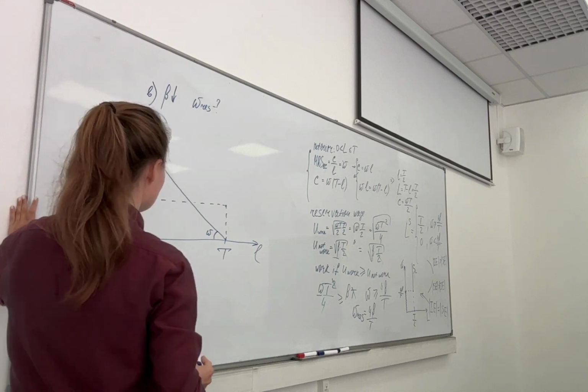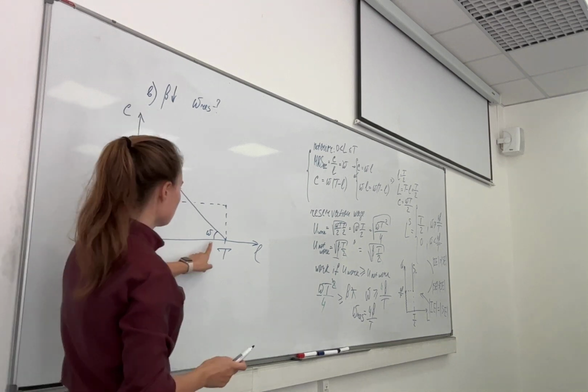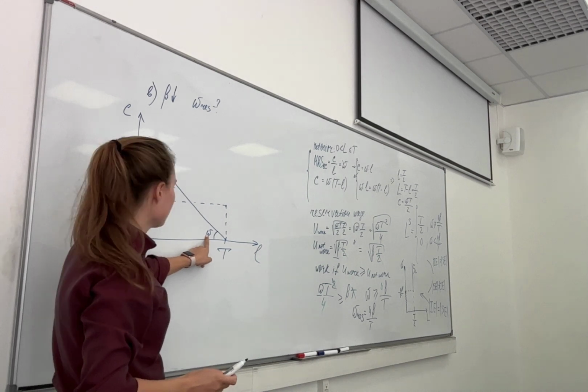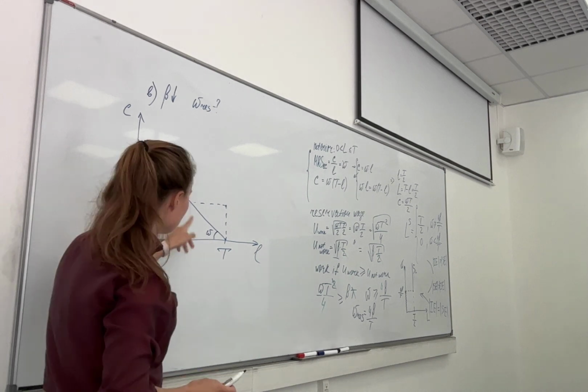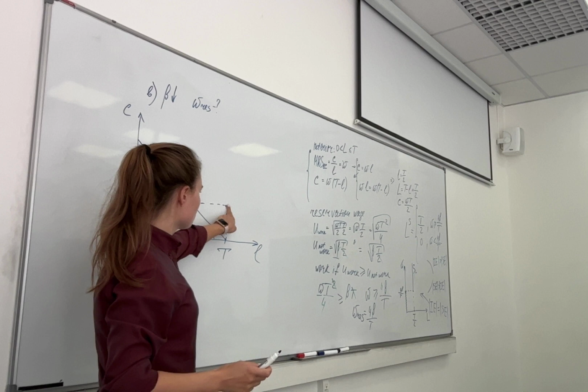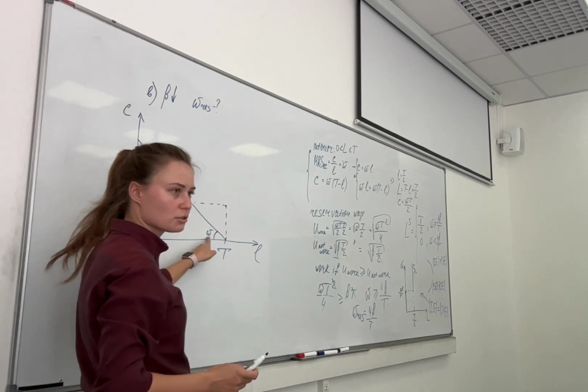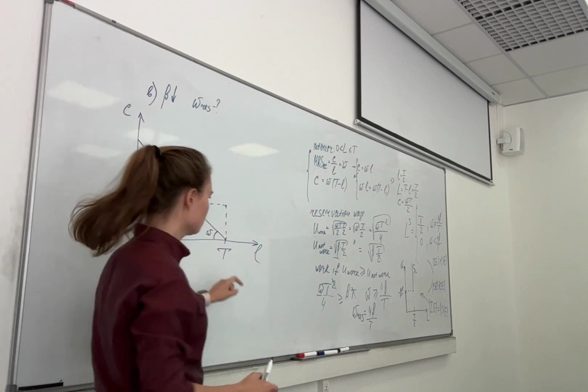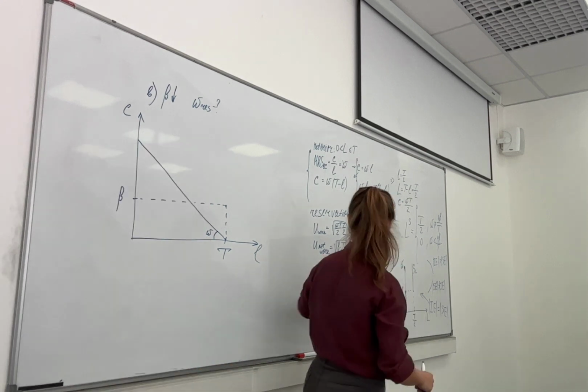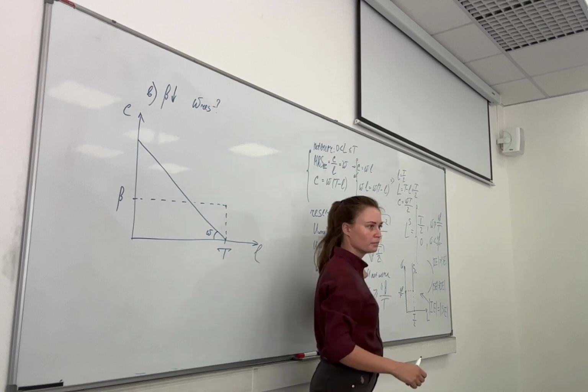And let us show this situation with the reservation wage. We know that we're indifferent between working and choosing not to work when we have the reservation wage. We equalize these two.